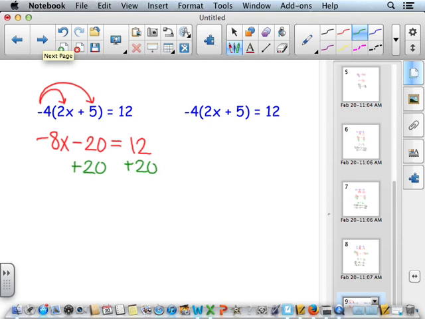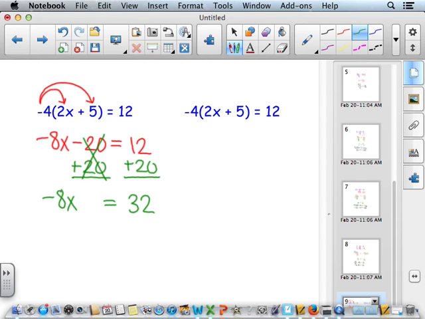Adding 20 to negative 20 leaves me with 0, so I have negative 8x left on the left side of my equation. 12 plus 20 is 32, so now I'm left with a one-step equation, negative 8x equals 32.